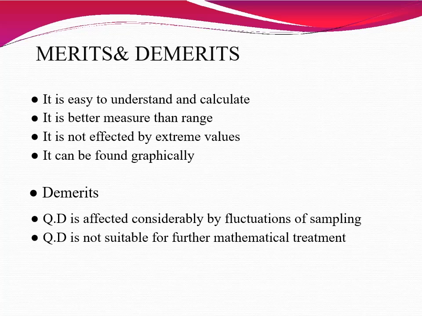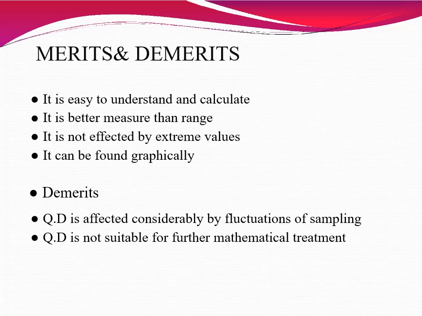Apart from the formula, it is easy to compute as it involves two or three simple processes. That is, arranging the data in ascending and descending order, finding out the cumulative frequency and applying the formula. So this is a simple procedure and it can be understood by anyone and it is easy for arriving at the answers too.